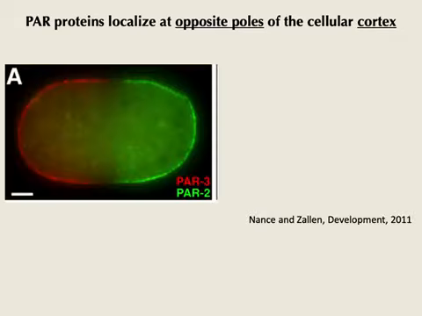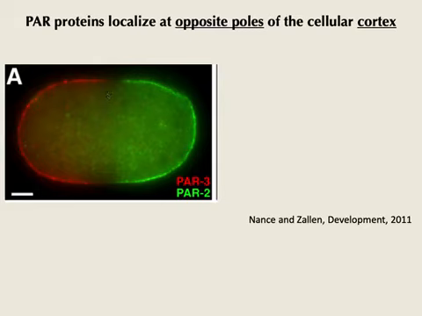All right, so the PAR proteins, of course, since then the genes have been cloned, identified, and the PAR proteins are extensively characterized. So we know quite a bit about them. So if you do an immunostaining for two of those, what's really striking, and now this is the C. elegans embryo before the first division, right? So during that period where I told you the embryo already has to be polarized.